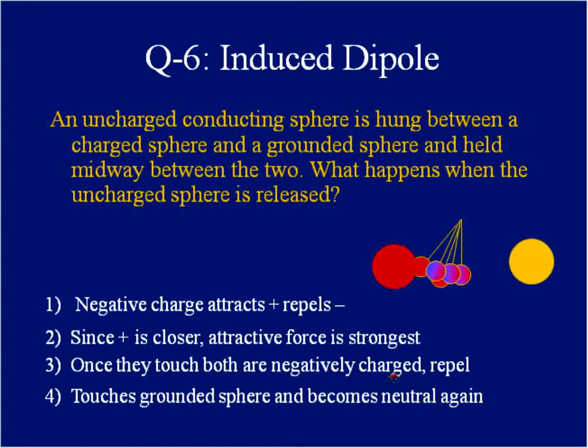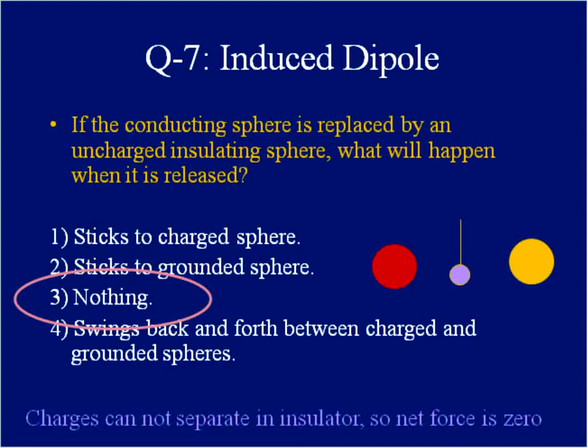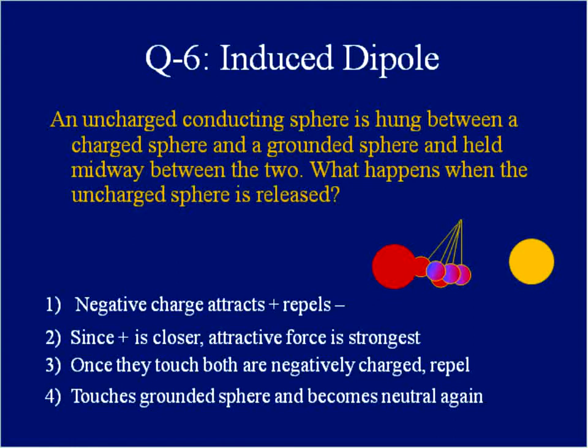Once they touch, both are negatively charged, and repel. Due to repulsion, it goes, touches the grounded sphere, and becomes neutral again. After it becomes neutral, due to gravity, it will come to the left. This position, right?